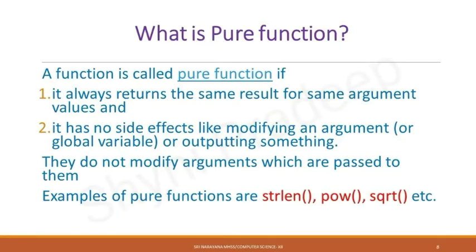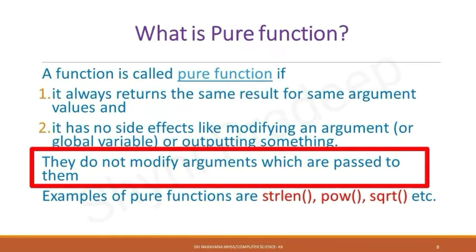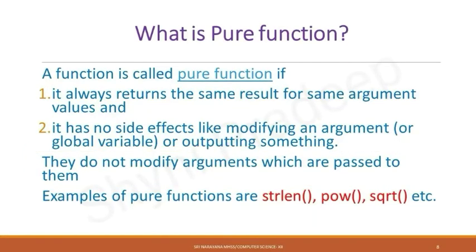And one more point is the pure function does not modify the arguments which are passed to it, which means if you declare an input to a pure function, it cannot be modified after that. So this is about pure functions.